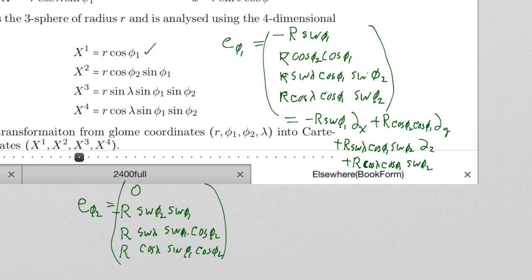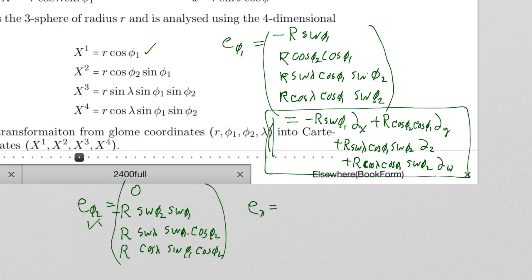Do I have that right? Oh, yeah, okay. And this is partial w, right? So these are two equivalent ways of doing it. Just because it's easier for me to do the calculation, I'll just assume that you're doing this in your head, right? So here's for phi 2, and then for E of lambda, that's real easy.